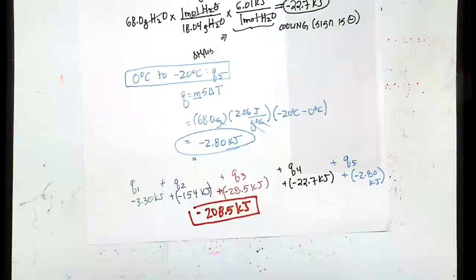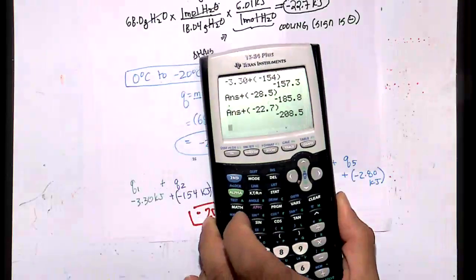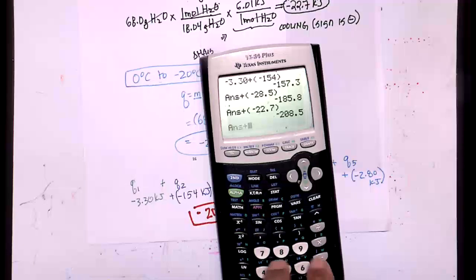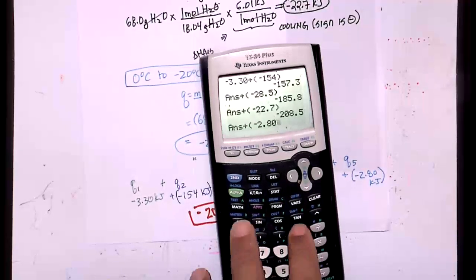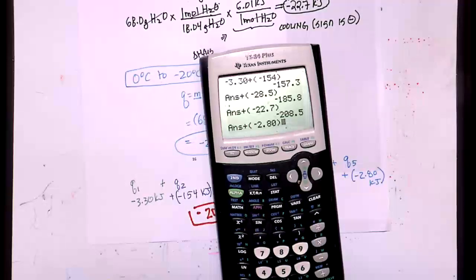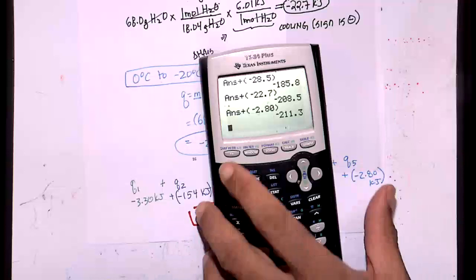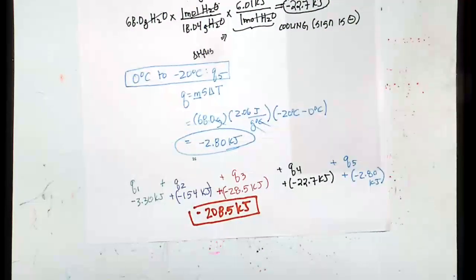I'll give you the equation, I'll give you the constants. Did you add Q5 to that? Maybe not. Oh, I did not add Q5, yes. Thank you, thank you. I saw you talking, so I was wondering. All right, minus 211.3.